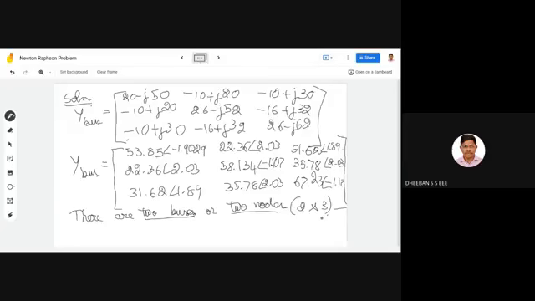For these buses, you have to find your P2, P3, Q2.